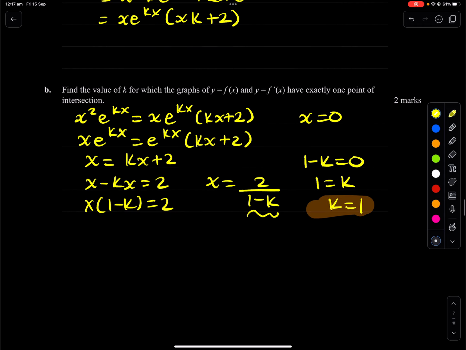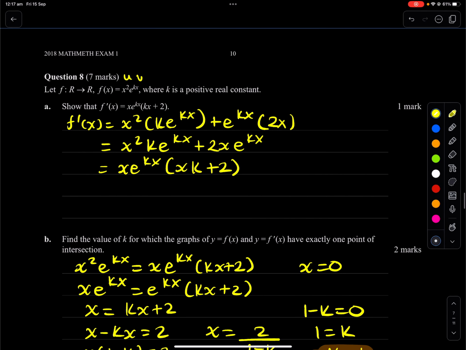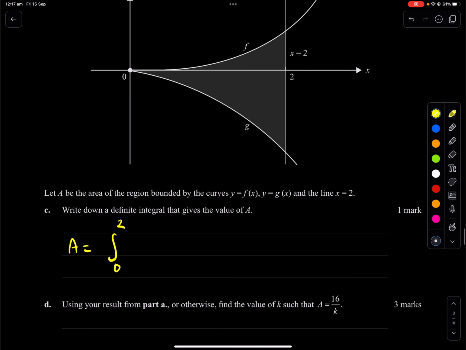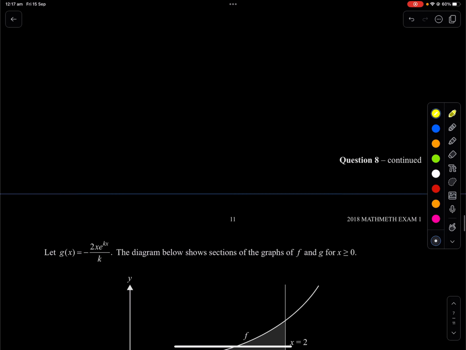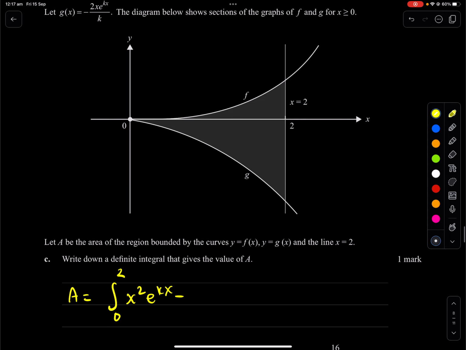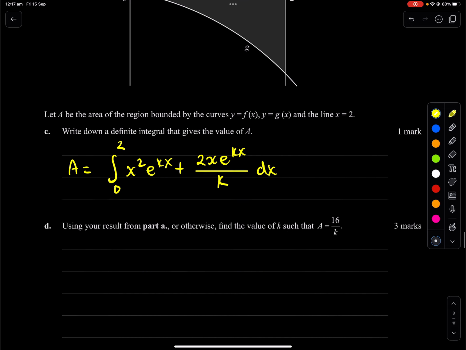F of x is x squared e^(kx), minus your g of x, which is, well, let's put plus now, 2x e^(kx) all over k, dx. So that's your definite integral.